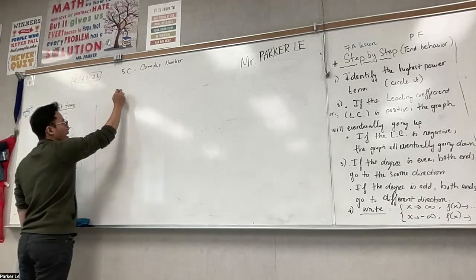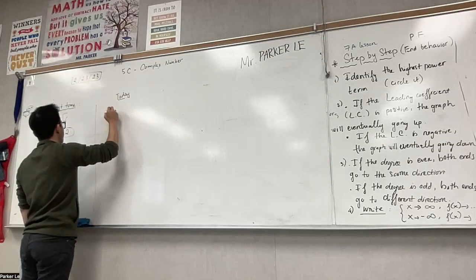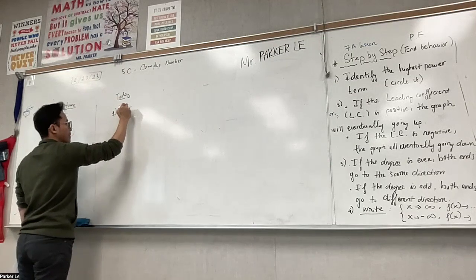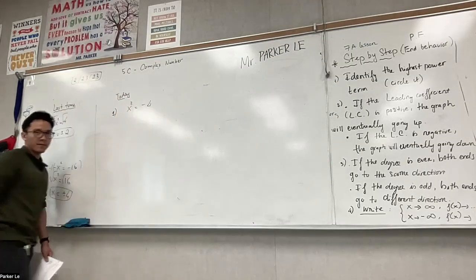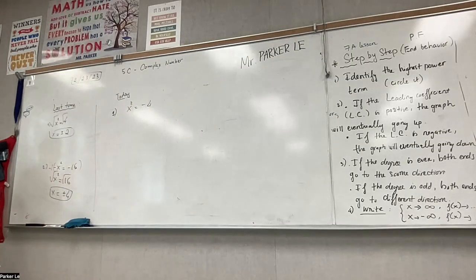So today we're going to handle something like this. What is the difference? x squared equal to -4. It's negative.